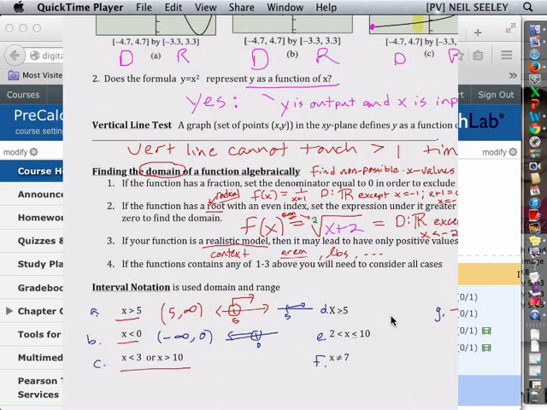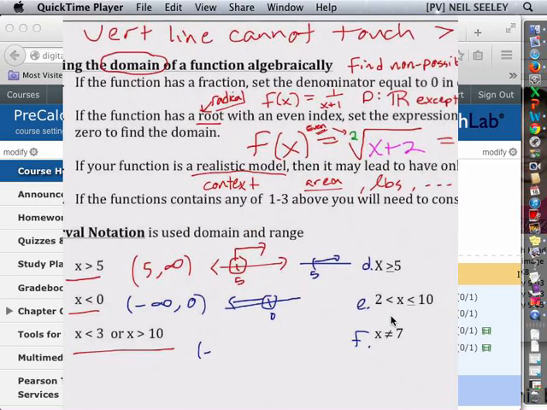But C, x less than 3. So you're doing -infinity, I'm going to go big, big, big, -infinity up to 3. Stop. Don't include it because it doesn't have an equal sign. Union, we're going to unite this with our x greater than 10, which is start at 10, go to infinity, don't include 10. So that's the interval notation.